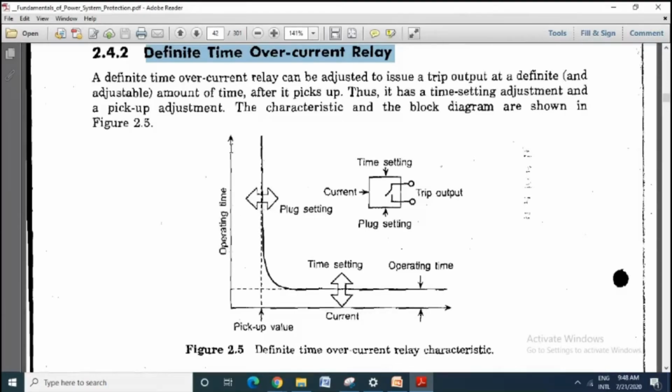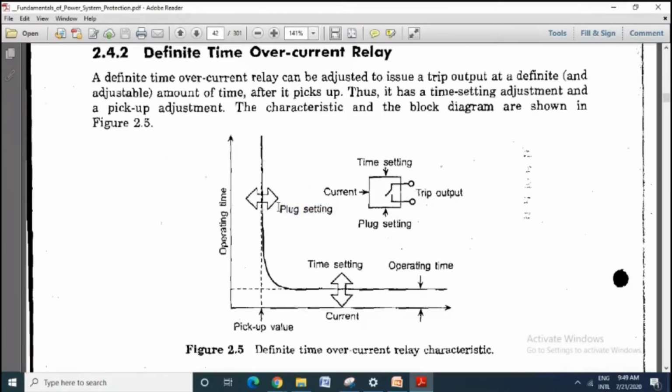On the y-axis we have the operating time, on the x-axis we have the current, or let's say the value of current. You can have the plug setting over here, as well as the time setting. What that means is that you can change the value of pickup. Either you want your pickup value around 10 amperes, or you want it around, let's say, 100 amperes. That you can choose with this plug setting.